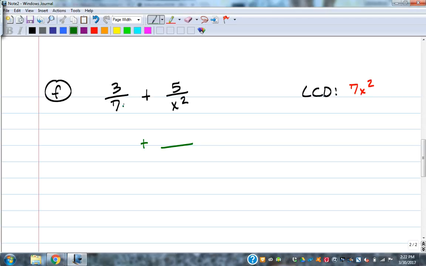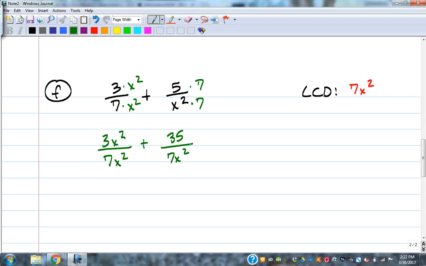Okay. So we're going to multiply by x squared, top and bottom. So that's 3x squared over 7x squared. The second fraction has the x squared, so it needs the 7. So if the bottom part needs it, so does the top part. And 7 times 5 is 35.